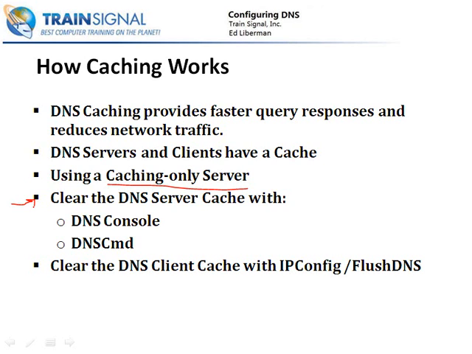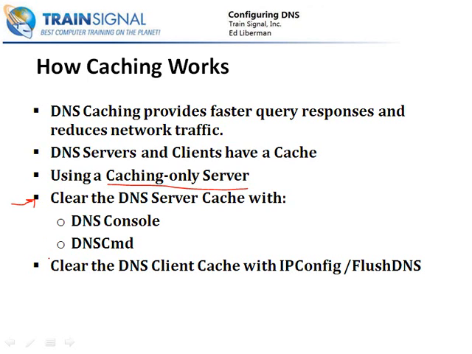This is a property that the authoritative DNS server puts on the response to tell the client or other DNS server, hey, this is how long I think this name and IP address should be good for. But sometimes that time to live is set too long and a change is made, and now what happens is the client goes out, makes the request, and the server gives a response, but that response is no longer correct. So that's why we might want to clear that cache out.